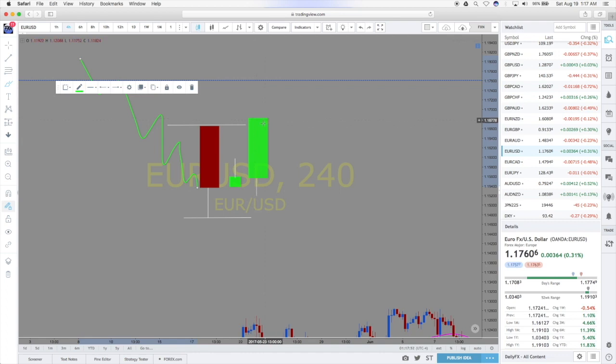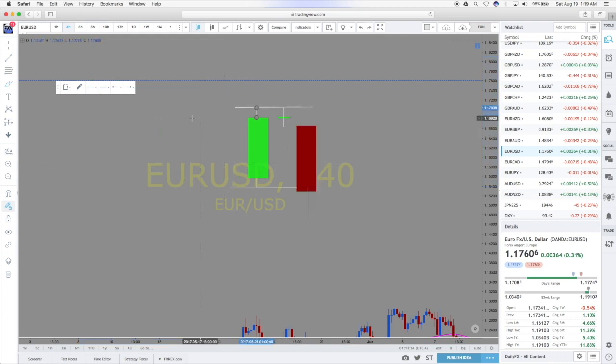Now bearish is basically the opposite. Here is what a bearish reversal of an inside bar setup would look like. Same concept, just the opposite way around. You have prices coming up in an uptrend.